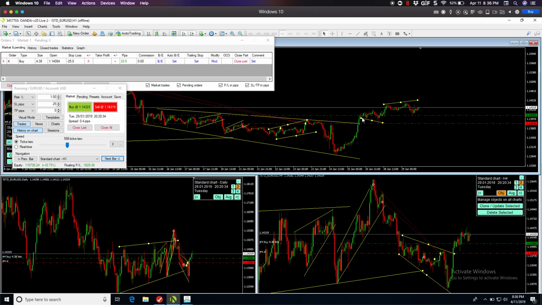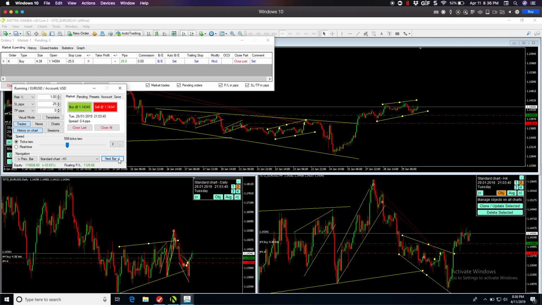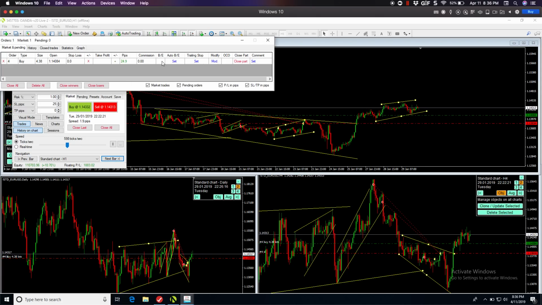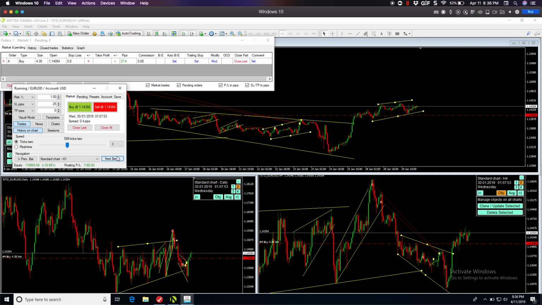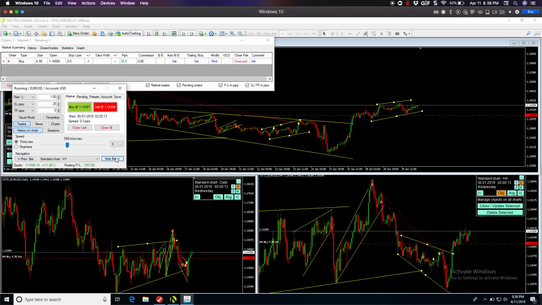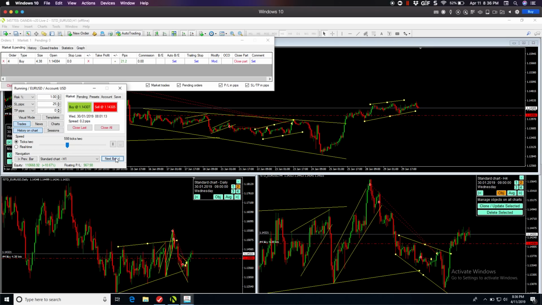I could start to say that could be forming an ascending channel. Let's see, since we have a 25 pip stop loss, we can move this to break even. Keep playing this forward, and we'll see if this is enough to keep it, or if it goes a little bit lower. This kind of ascending channel plays out.